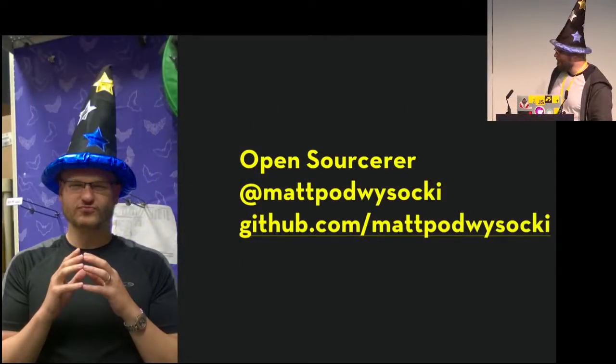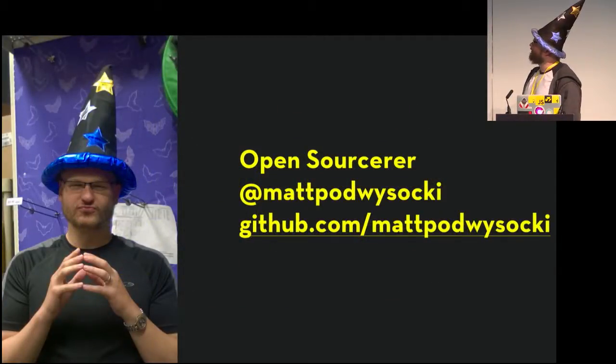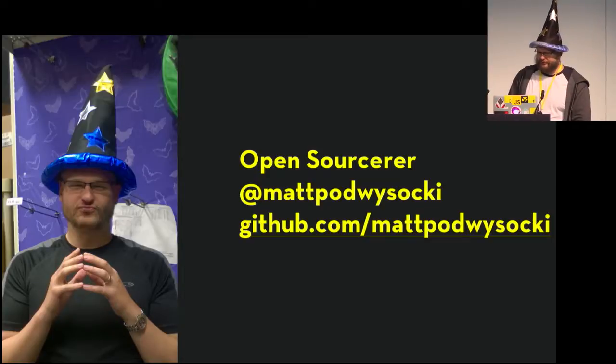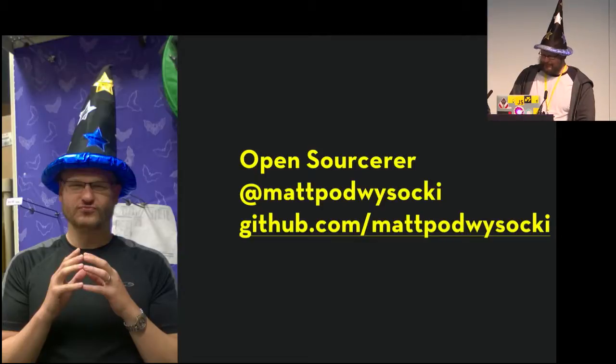So most of you people will know me through wearing this stupid little hat up here. And I like to call myself an open sourcerer just because at Microsoft that's exactly what I do, is I work on open source projects all day. And so you can find me here on the interwebs here, and I'm fairly unoriginal.